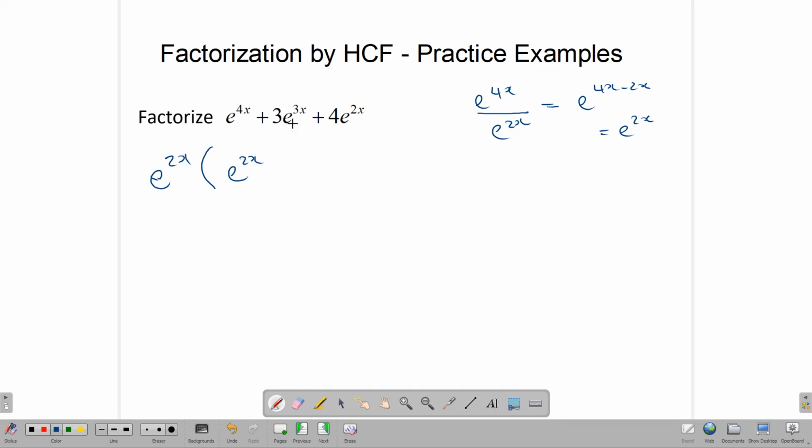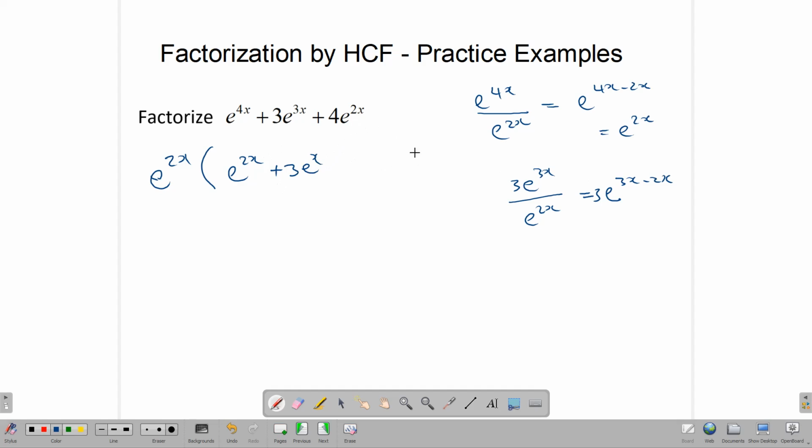Here we have 3e to the 3x divided by e to the 2x. Let's use the division rule for dividing indices again. It says we can subtract the powers. So it's 3e to the 3x take away 2x. 3x take away 2x gives us an x. So we write 3e to the x.